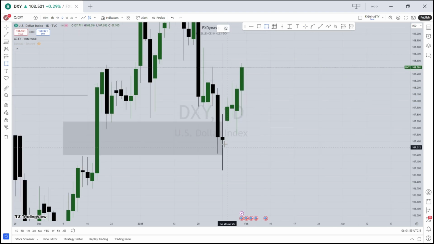So price created what? This gap here. On the 4-hour time frame, this gap is very clear. You can see it on the 4-hour time frame when we go to the 4-hour time frame. Price created this gap and came into it.